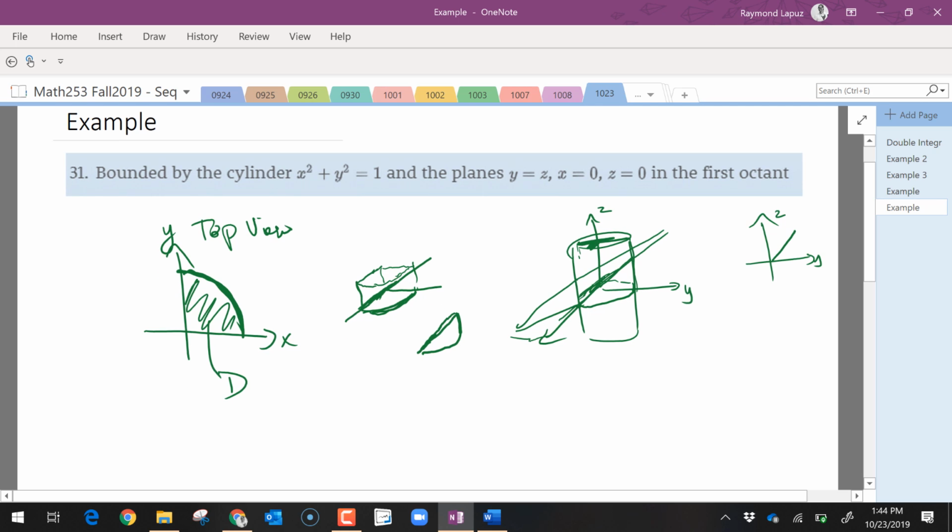Now, Shaheen also said a plane. This is a plane that's a little bit slanted, cutting that quarter of a cylinder. So this will be your top. Your bottom is just the first octant, so the bottom is 0. Your top function is z equals what?